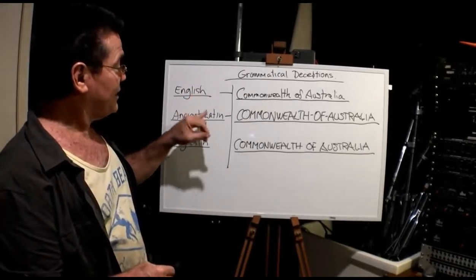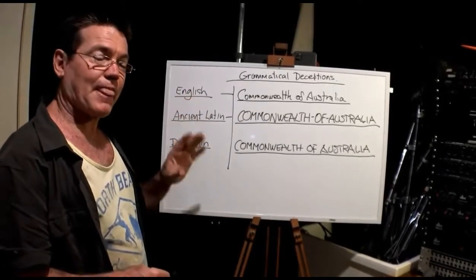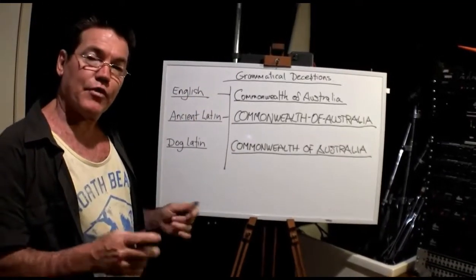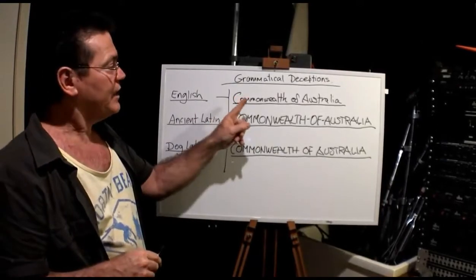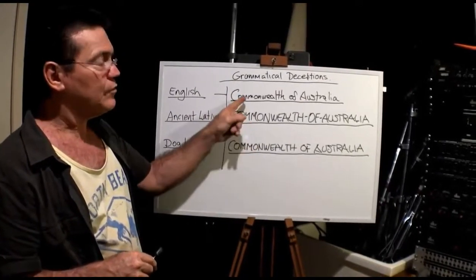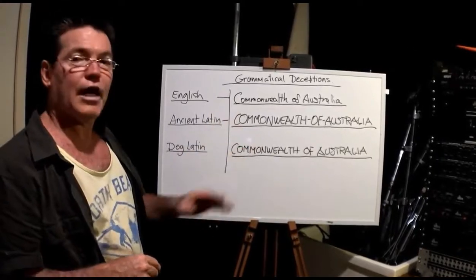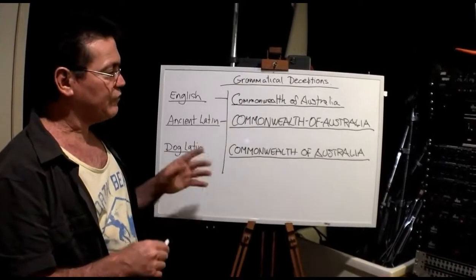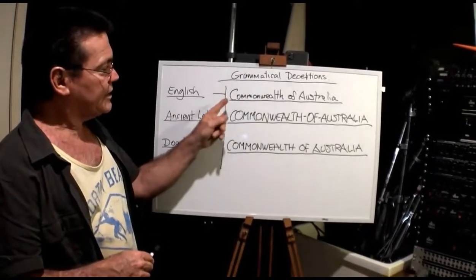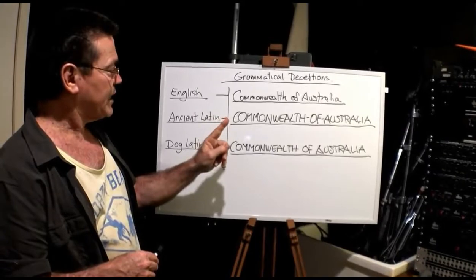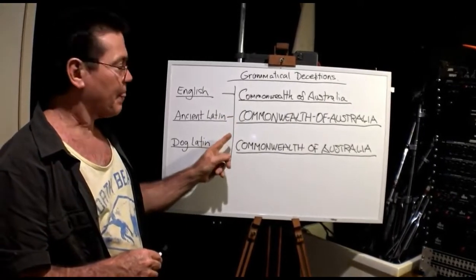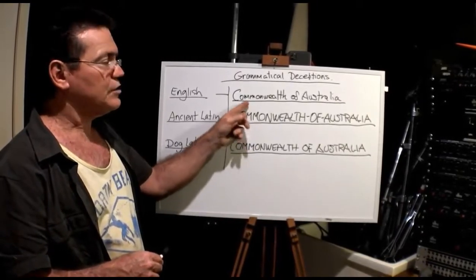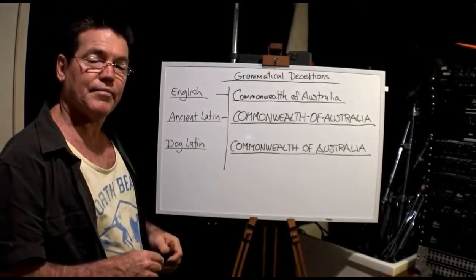Now, these are all three very recognized languages. But the thing about the grammatical standing of these three types of written language is that they don't have any jurisdiction with each other on the one document. So if you've got a page of text and it contains English and Dog Latin, there is no correspondence between those two languages written on that paper.